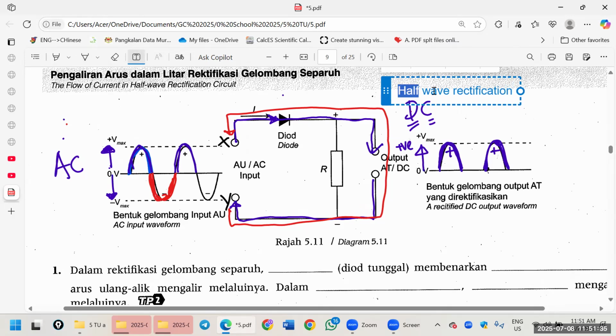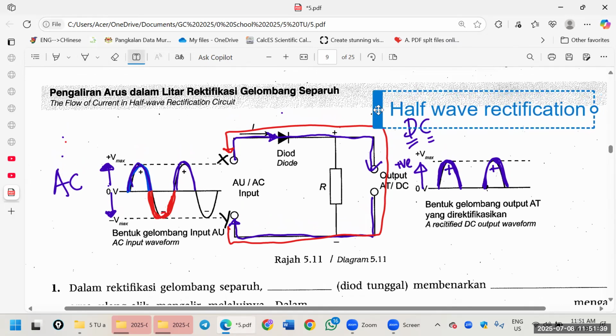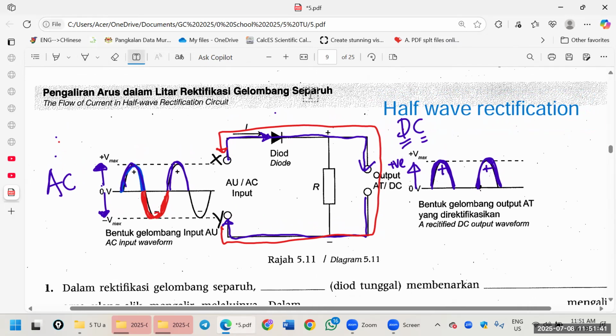Must remember the name, half wave, very straightforward. Only half wave remains. Rectification means change from AC to DC. The word rectify already means change AC to DC. Okay?